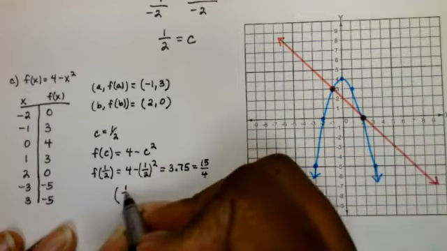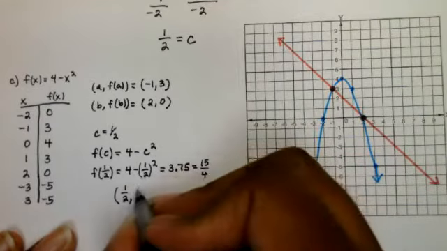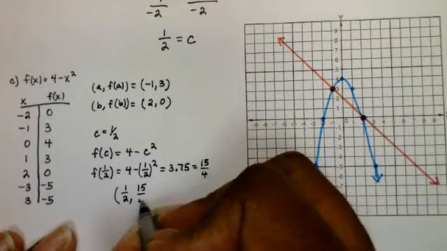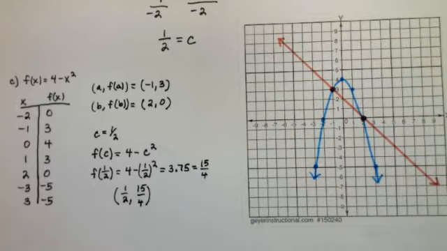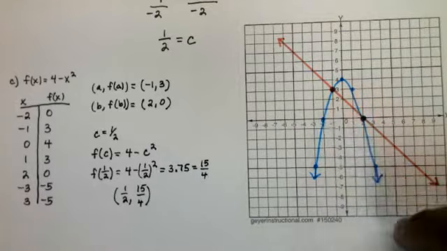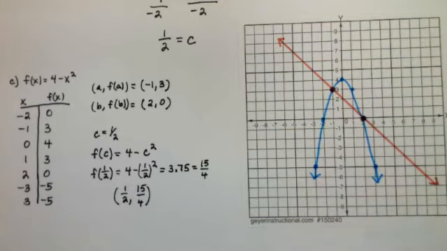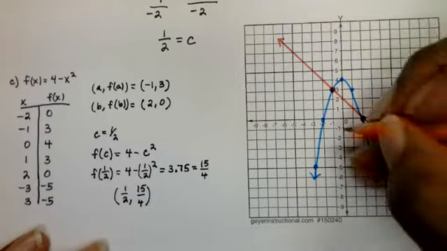So we can write this ordered pair as 1/2, 15/4. That's going to be the point on the graph of that equation, or that function that's in blue. All right, so I'm going to use a different color to draw the point 1/2, 15/4.